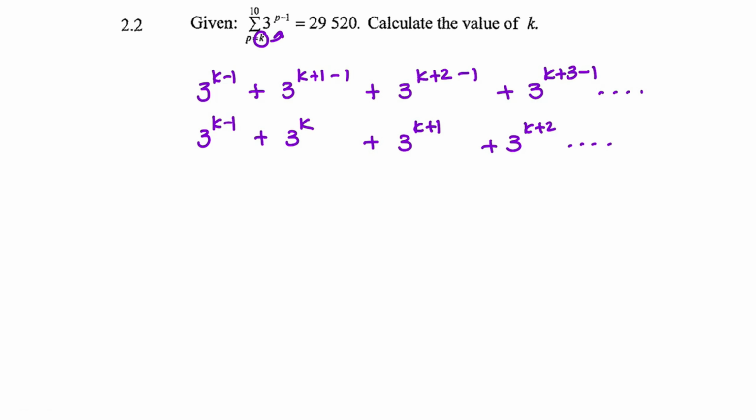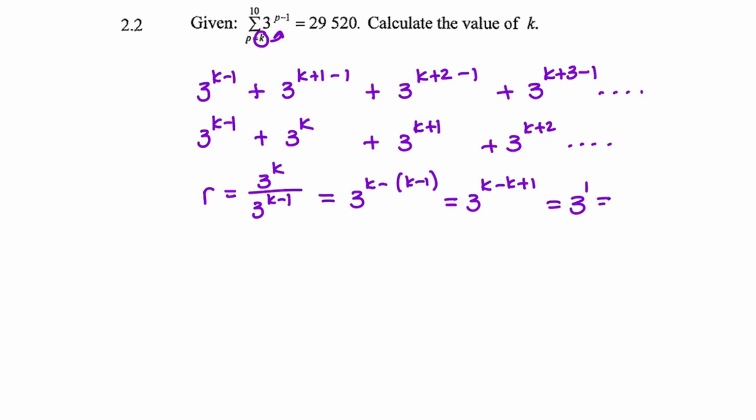To find the constant ratio, I'll have r is equal to 3 to the power of k divided by 3 to the power of k minus 1. And if I simplify this, remember, I'm using my laws of exponents where I subtract the exponents from each other. So that becomes 3 to the power of k minus (k minus 1), which is simply 3 to the power of 1, or 3. So our constant ratio between terms would be 3.